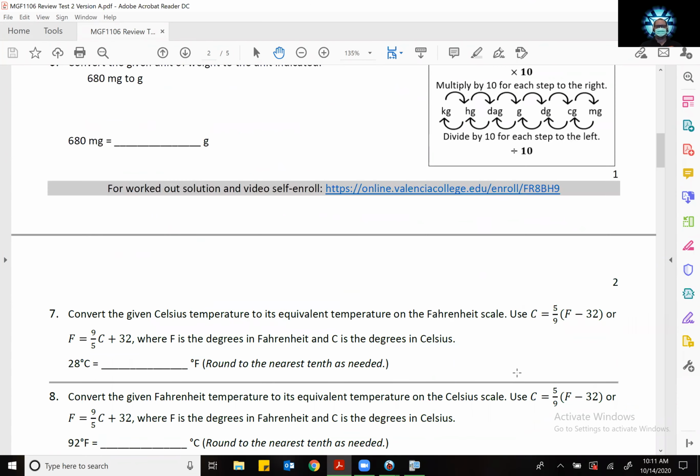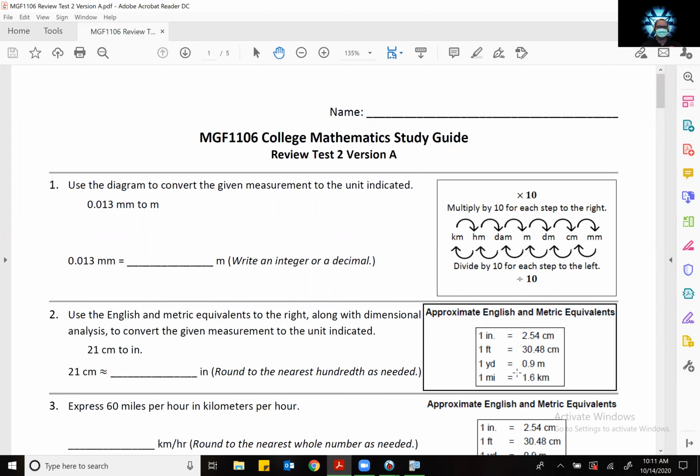So keep that in mind. And with that being said, let's start with number 1. As we go through this, I'm going to try and tell you roughly where everything is coming from.